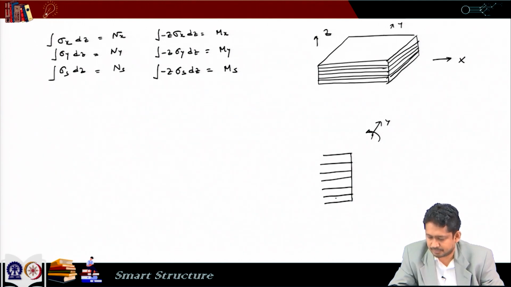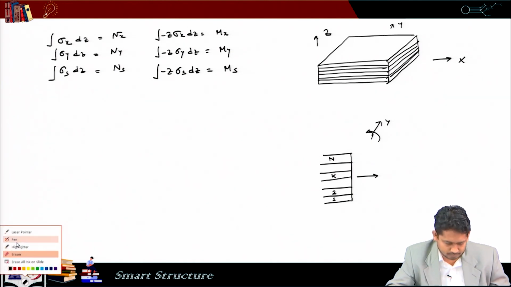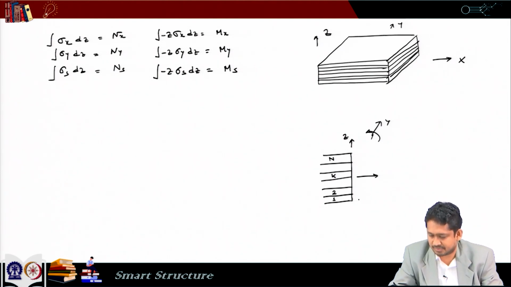We have plies. So, this is layer 1, layer 2, we can call a generic layer as layer k, and then we have n number of layers. And we define the mid plane as our axis. So, we define z with respect to the mid plane. So, this can be x or y axis depending on from which direction we see it, and our z goes here.